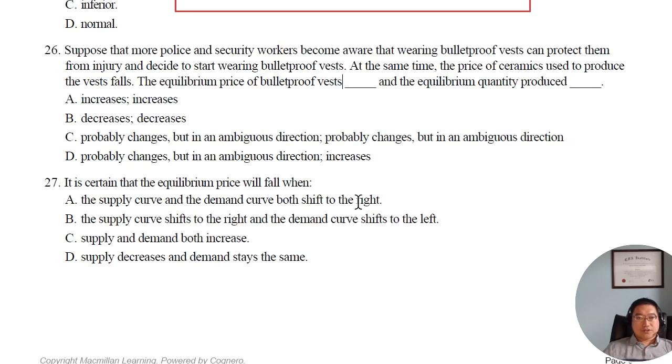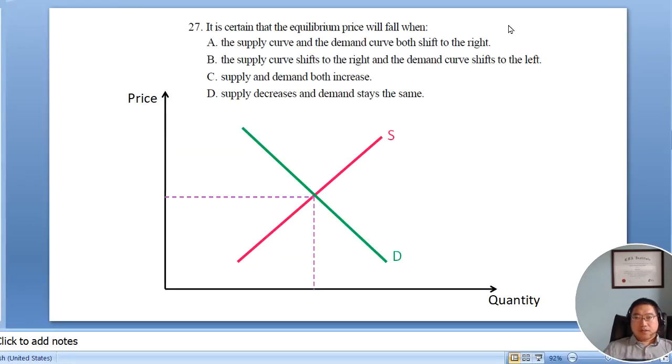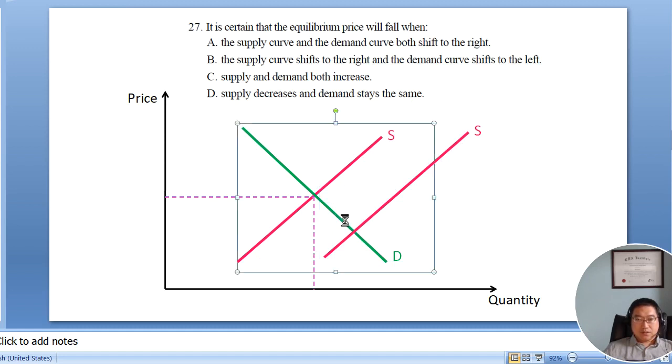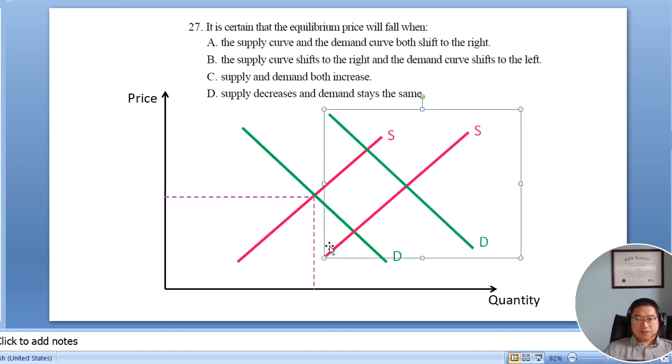Now look at question 27. It is certain that the equilibrium price will fall when what happens? There are a lot of situations here, so let's look at question 27 in a picture. A, the supply curve and the demand curve both shift to the right. So what's happening? Supply shifts to the right, demand shifts to the right.